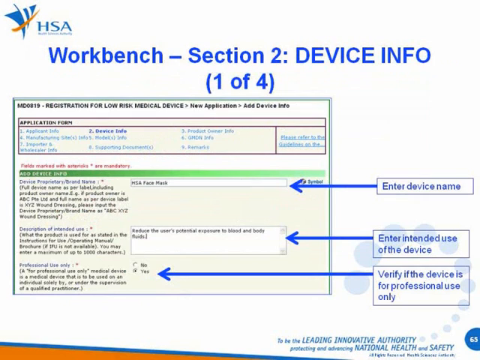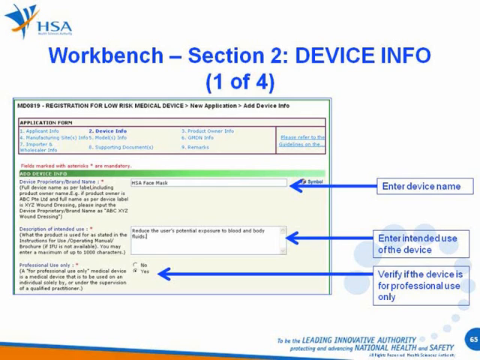The next section requires the applicant to fill in the device information. For item 1, the device proprietary brand name is the name of the device as it appears on the product label. For item 2, please key in device description details. Please note to provide the intended purpose of the device according to the specifications of the product owner as stated on the product label, instruction of use, or promotional materials.